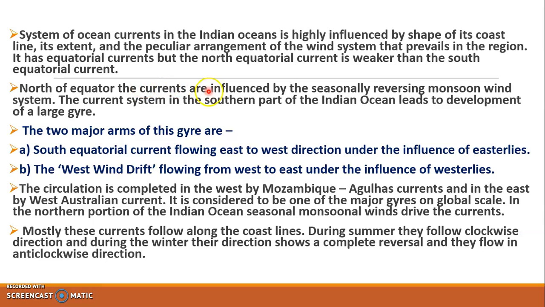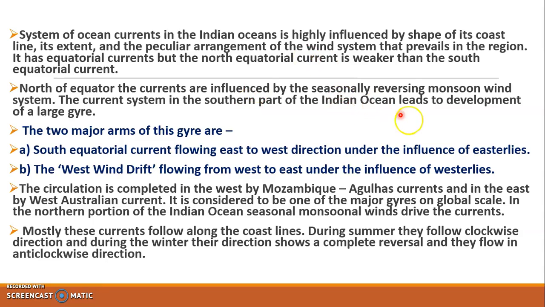North of the equator, the currents are influenced by seasonally reversing monsoon winds, and the current systems in the southern part of the Indian Ocean lead to the development of large gyres. So why are the northern equatorial currents weak? Because they are facing the reversing monsoon winds. Because of that, these winds are less powerful.